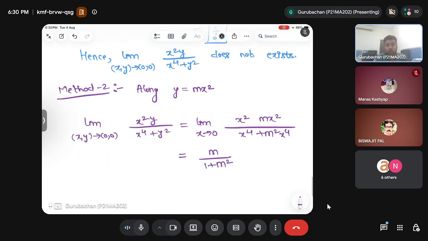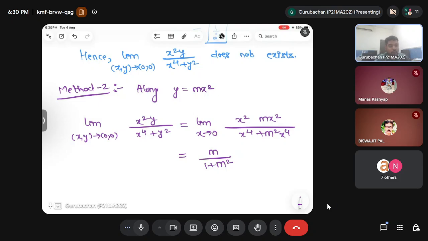So as I told you, m can vary. Suppose m is equal to 0. What will be your limit if m equal to 0? 0. And when m equal to 1, what will be your limit? 1 by 2. At m equal to 2, it will be 2 by 5. So ultimately, as much as you change the value of m, that means as much as you change the curves, the limit is varying. It is not unique.